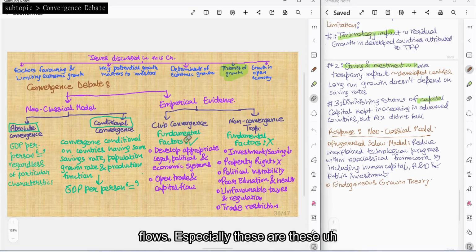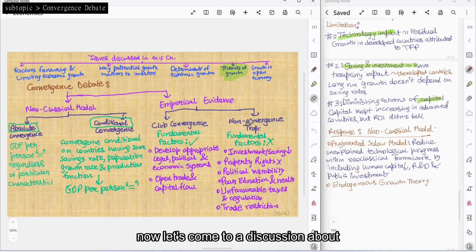Basically, these purple bullet points we have discussed in the first section of this chapter only. And in the non-convergence trap, there are countries which have bad fundamental factors. Here there might be lack of property rights, political instability, etc.